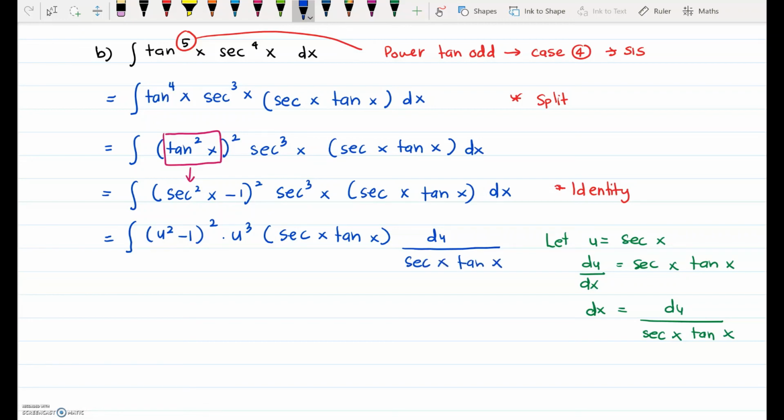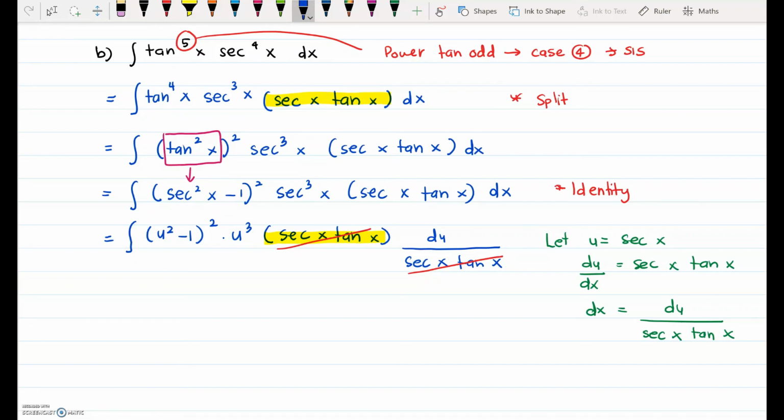Remember, the thing that you have split in your first step will remain as it is: secant x tangent x. So do not substitute u equals secant x in your split there. Now we can cancel off your secant x tangent x.